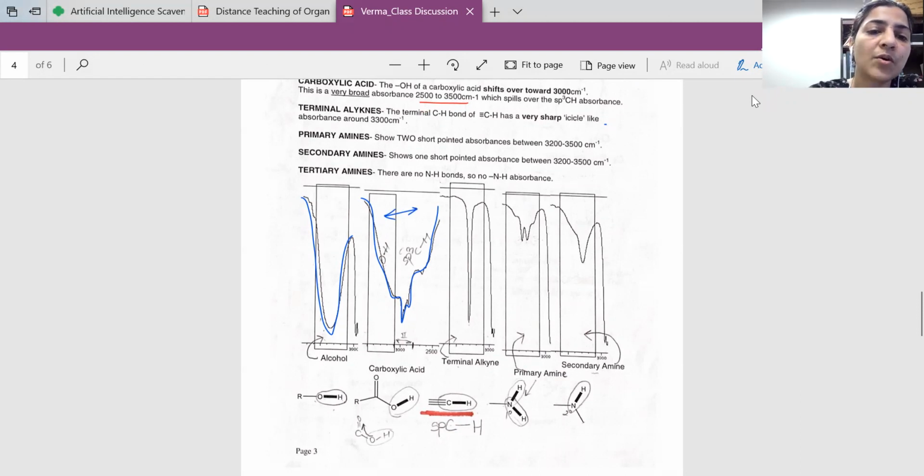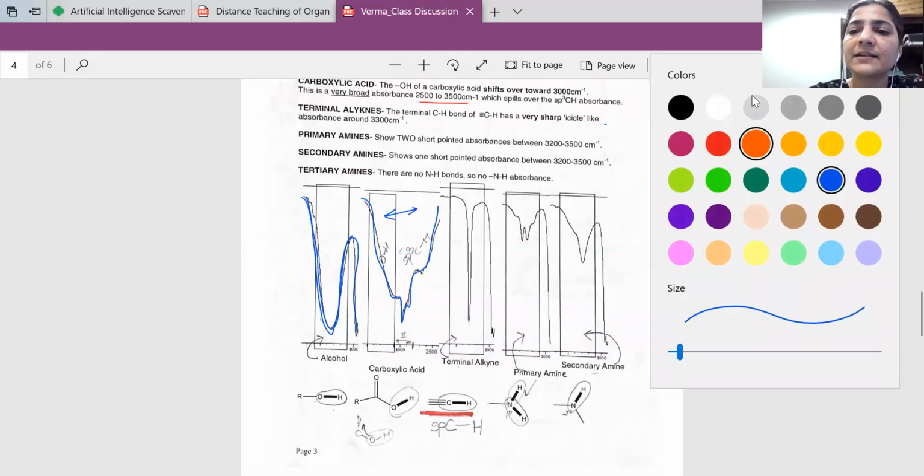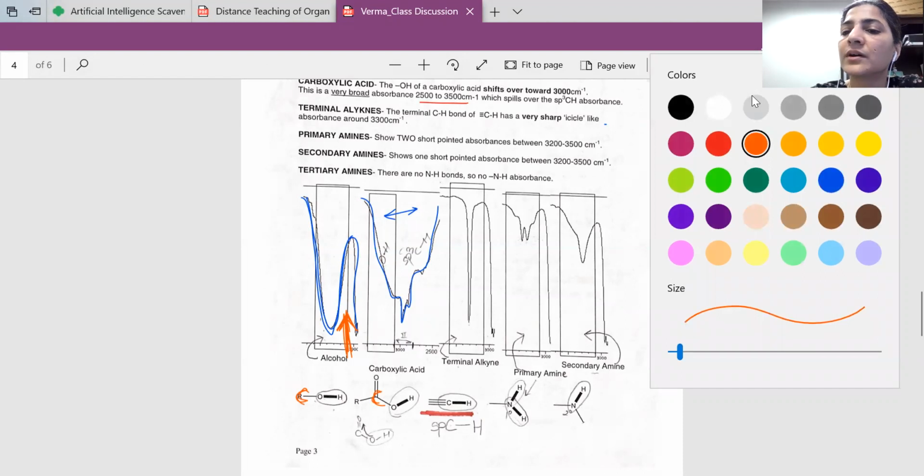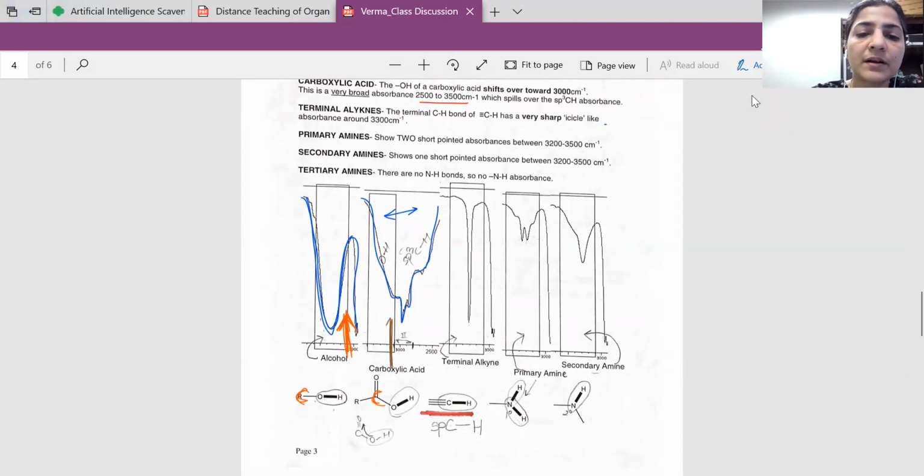When you have a simple OH, the presence of this indent or splicing right here identifies or distinguishes the OH connected to a simple carbon versus the OH connected to a carbonyl carbon.